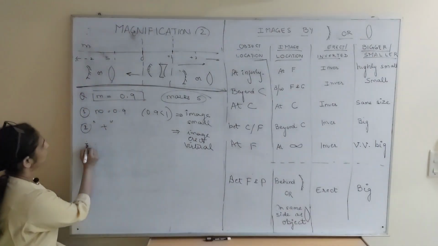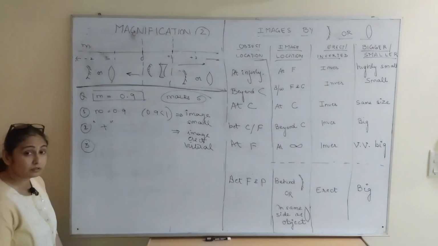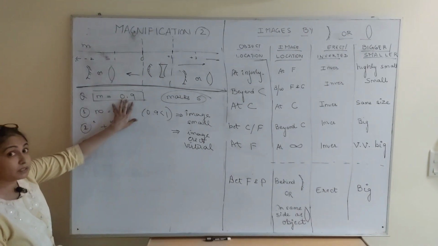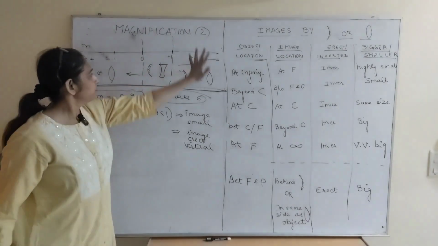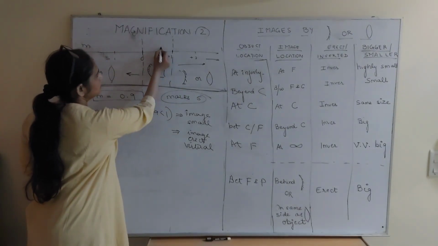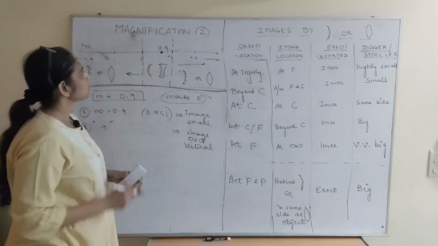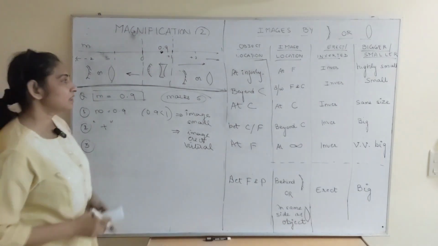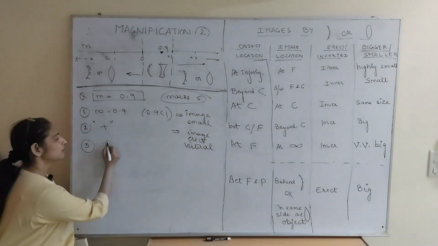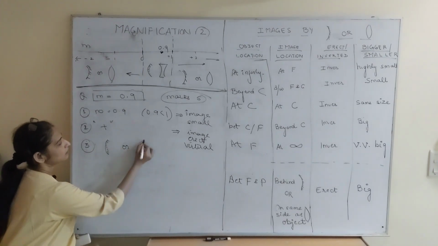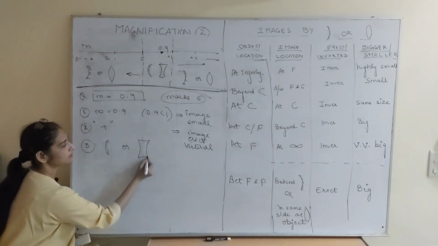Okay, let's go to the next. What mirror or lens is it? 0.9, plus 0.9. Where is it on the number line? 0.9 will be somewhere here. Which area does it fall in? This becomes a question of either a convex mirror or a concave lens.